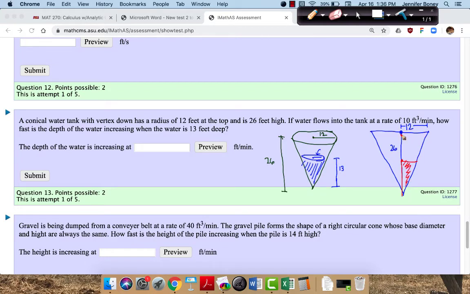I've got similar triangles. I can think about the whole triangle. I just filled in half of it here. But just to think about, since we're talking about radius here, if I've got a large triangle, 26 top to bottom and 12 across, and I have suddenly a 13 that shares the exact same angle here, you can say, oh, well, that's cut in half.